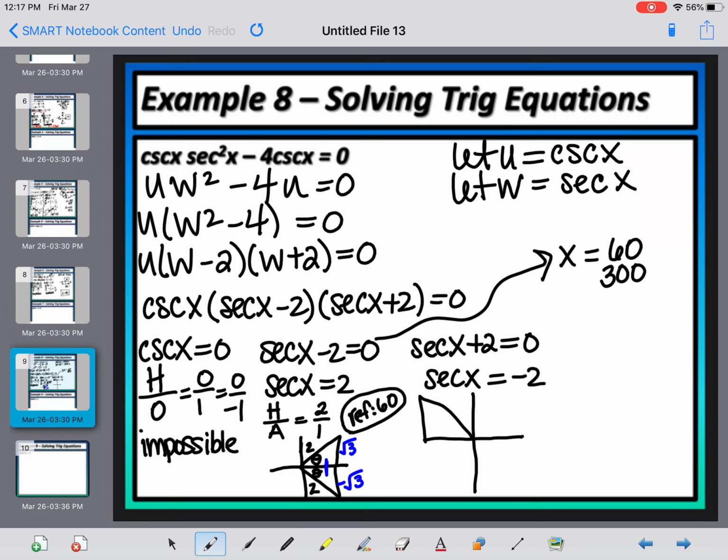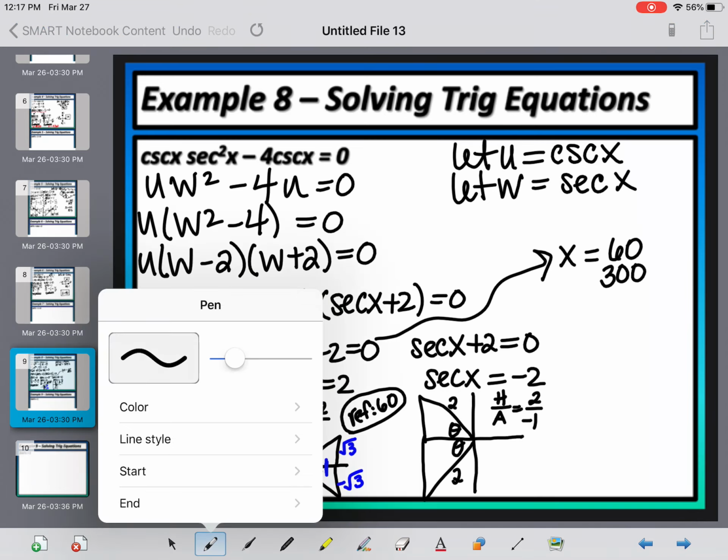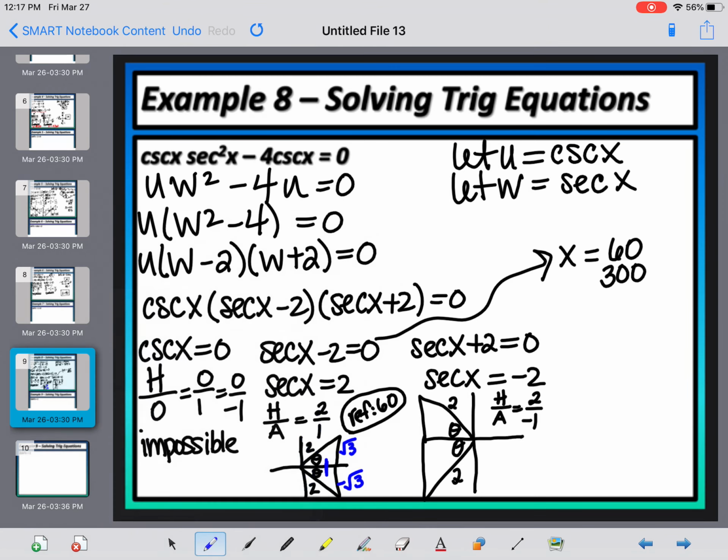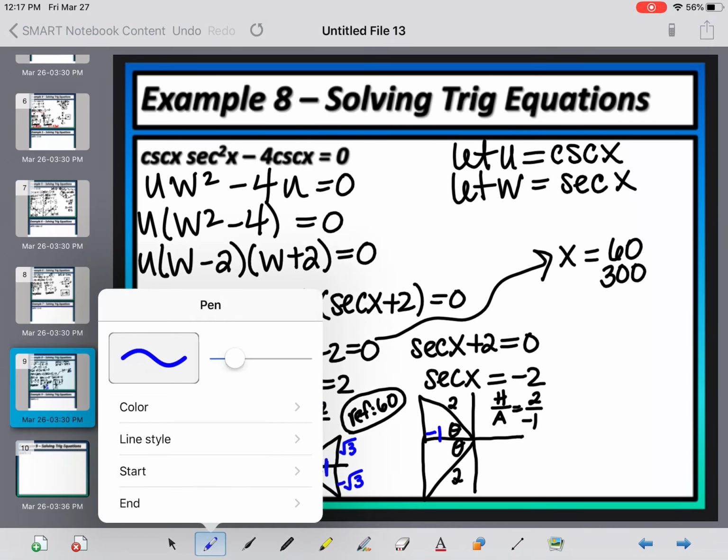so secant negative would be in the opposite quadrants of where we just had it. Okay, and so this hypotenuse over adjacent would have to be 2 over negative 1, because my hypotenuse always has to be positive.